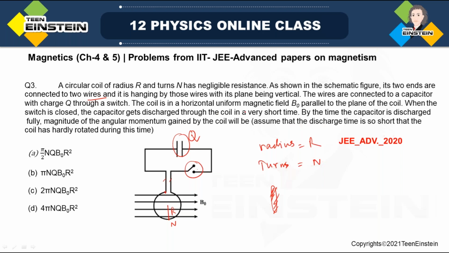The coil is vertical, but it is within the region where there is a horizontal uniform magnetic field B0. That means the magnetic field is parallel to the plane of the coil.